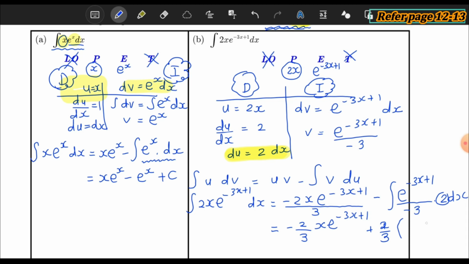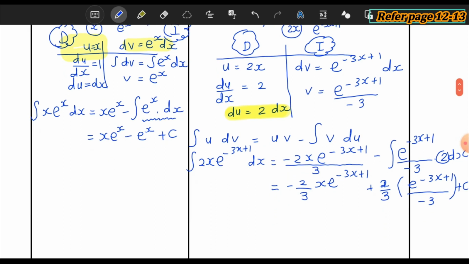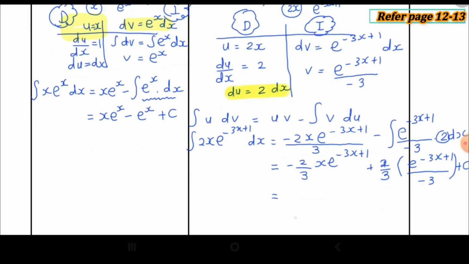Integrate exponent negative 3x plus 1 is exponent negative 3x plus 1 over negative 3, and then plus c. And as the final answer, we need to simplify.